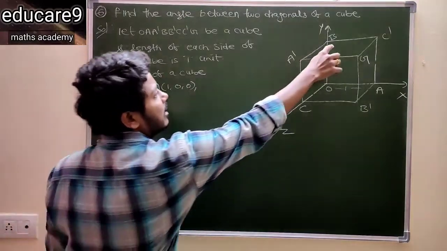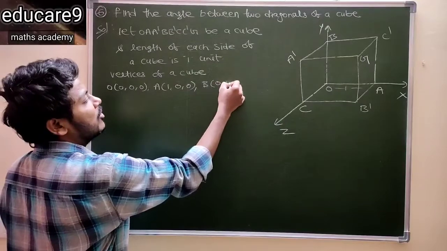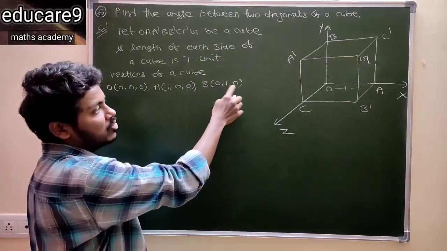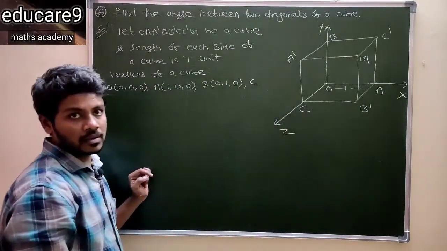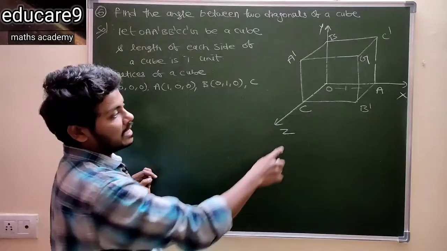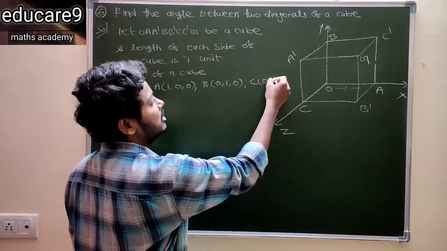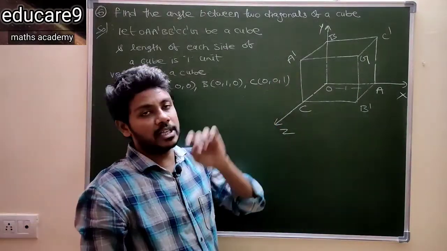And B lies on the y-axis, so vertex B is 0, 1, 0, because on the y-axis x and z coordinates are 0. And vertex C: clearly C lies on the z-axis, therefore vertex C is 0, 0, 1. On the z-axis both x and y coordinates are 0.